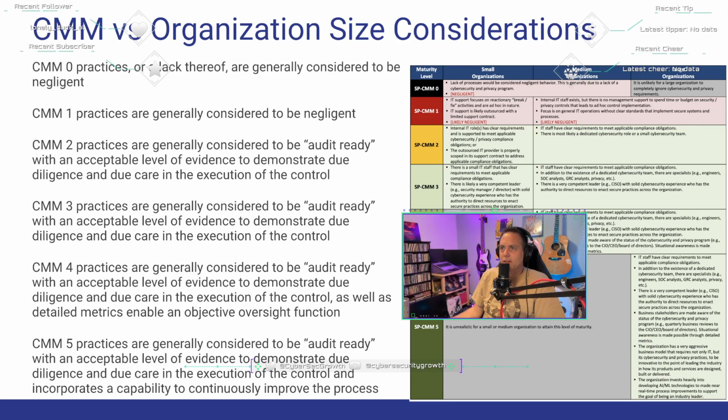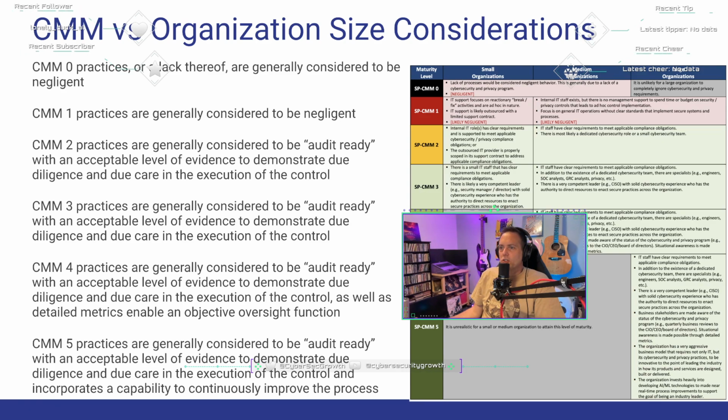Okay, CMM5. Continuously improving. This level of maturity is defined as world-class practices, where the practices are not only well-defined and standardized across the organization, as well as having detailed metrics, but the process is continuously improving.